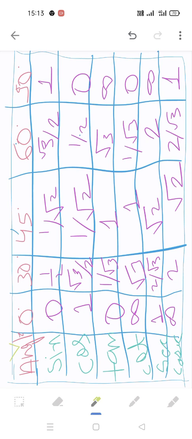Let me tell you a very interesting method to learn the trigonometric table, because if you learn it, you can do half of the sums very easily within a span of time.